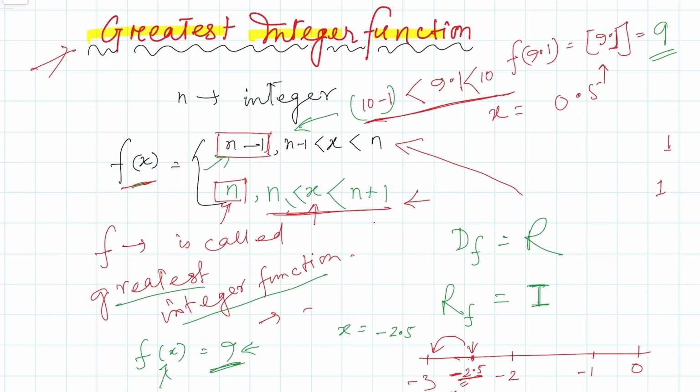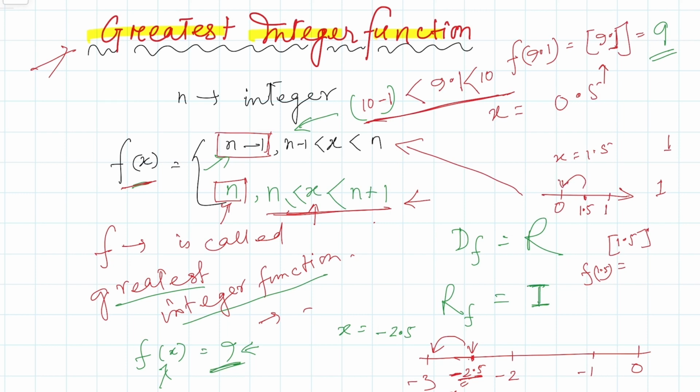Suppose you have a positive value, say this is 0, this is 1, and x is equal to 1.5. Then by the definition of the greatest integer function, f of 1.5 will be equal to 0.